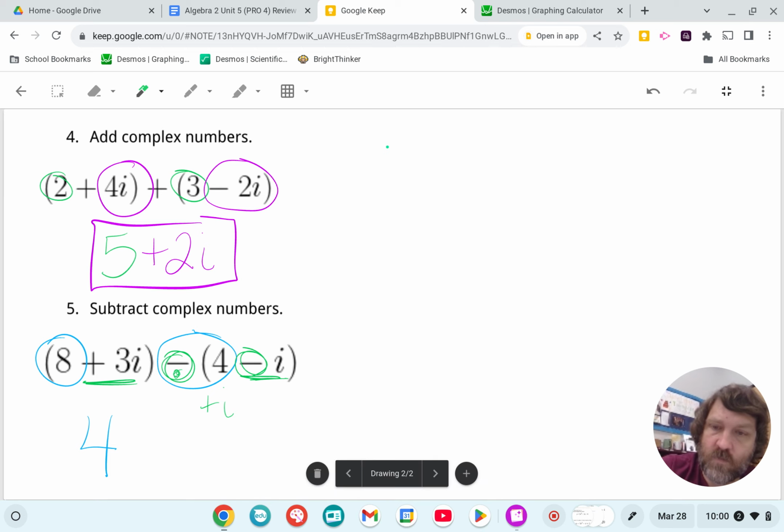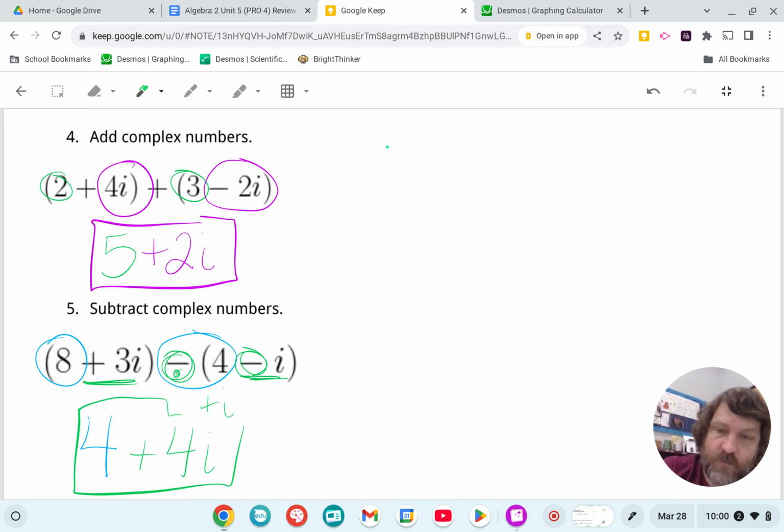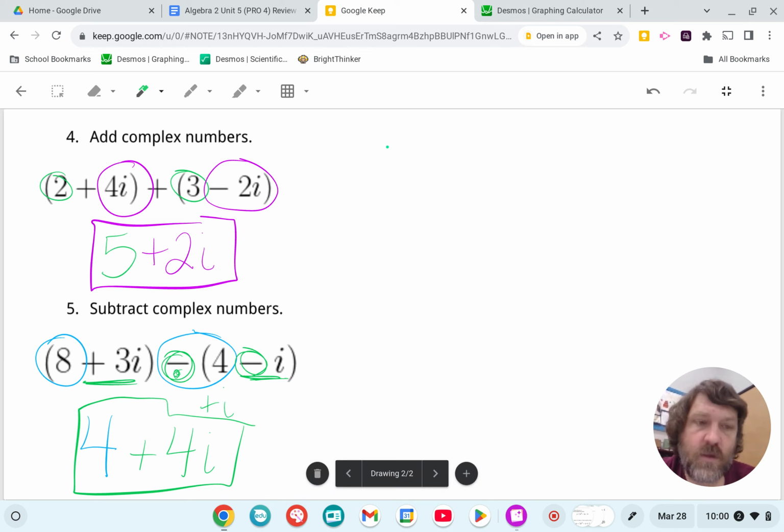Those end up canceling each other out in a sense and making +i. That's a 1i, so 3i plus 1i is 4i, and that is the answer for that. So it's really just doing what you would do with any polynomials, just adding like terms. So the constants get added together and the i terms get added together.